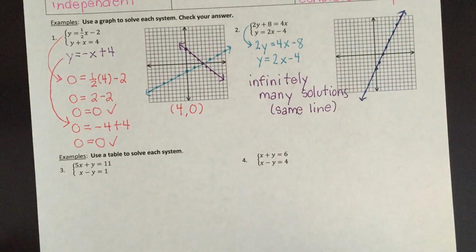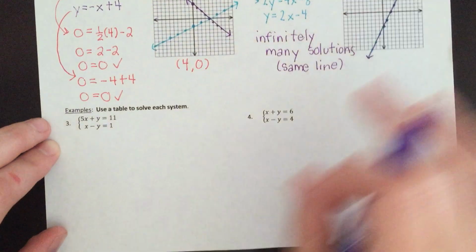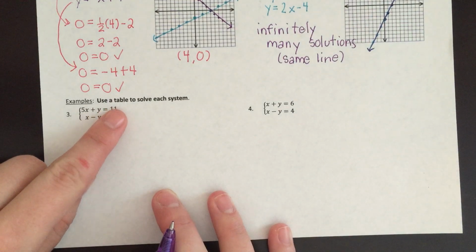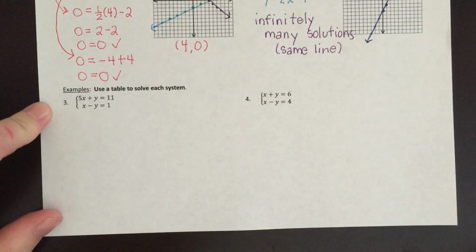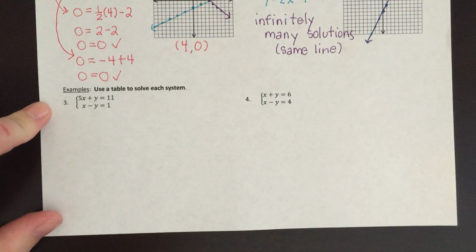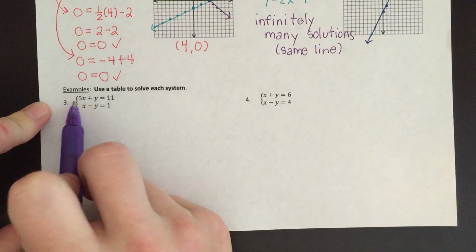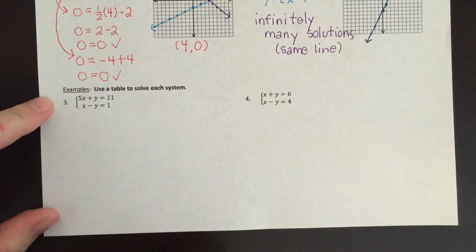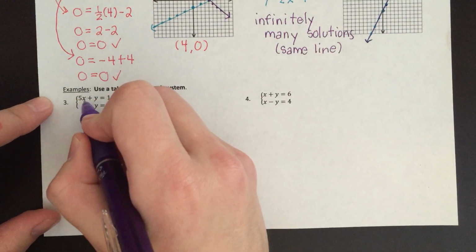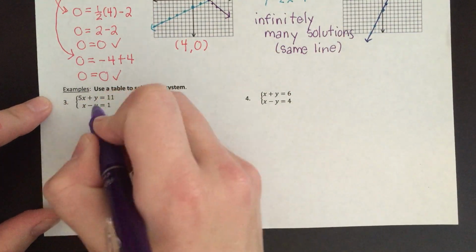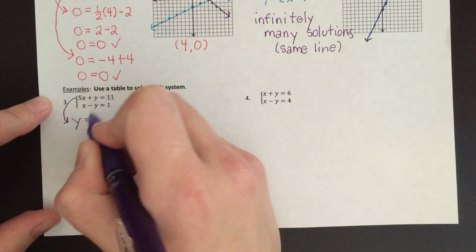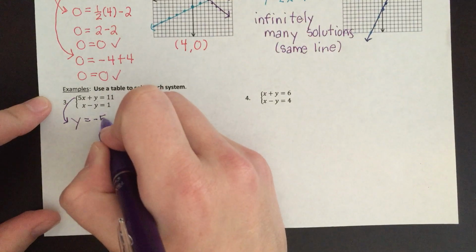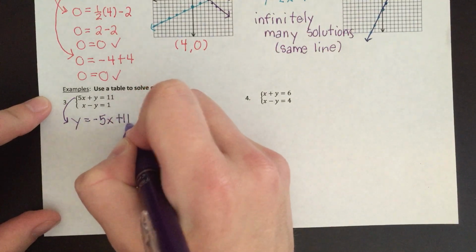Now that we know how to graph and find a solution, let's use a table. Sometimes a table is easier or sometimes it's just as easy. Even when we do a table, we need to put it in y equals mx plus b form. For this first equation, when I move the 5x over, it's going to be y equals negative 5x plus 11.